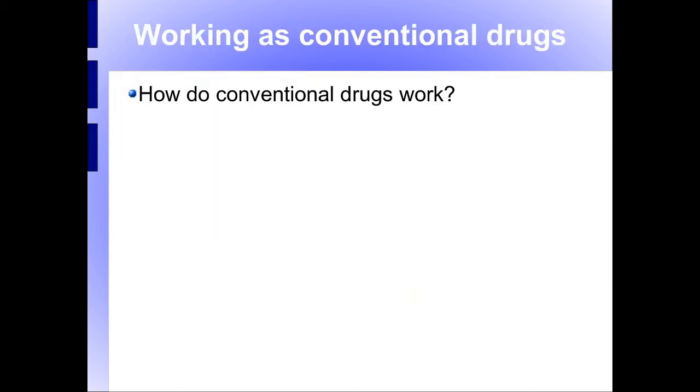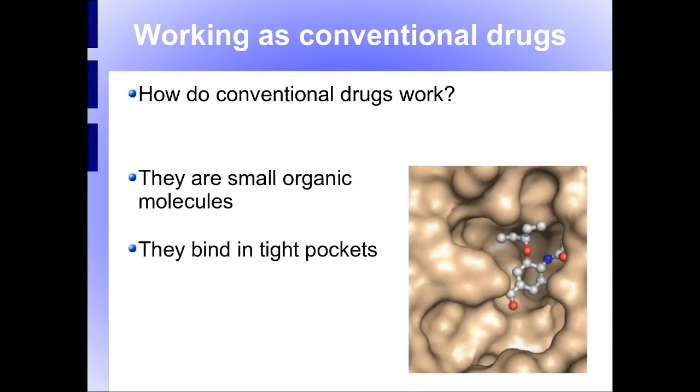The second category then is working as conventional drugs. So how do conventional drugs work? Well, they are generally small organic molecules which bind into tight pockets in proteins. Now that is really a limitation of a small molecule drug.